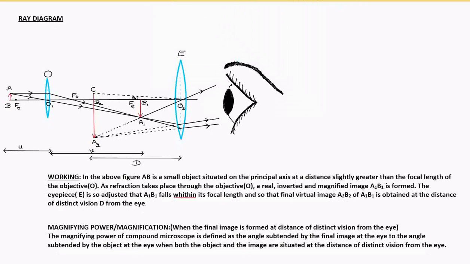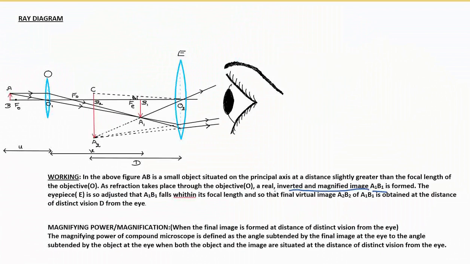This is the working of the compound microscope. See, in the above diagram, AB is a small object situated on the principal axis at a distance slightly greater than the focal length of the objective. As refraction takes place through the objective, a real, inverted and magnified image A1B1 is formed.